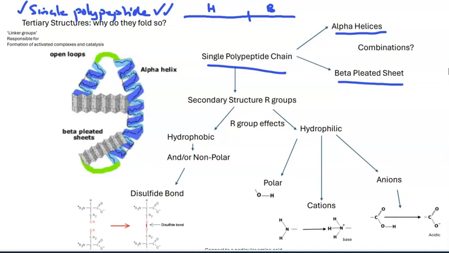To illustrate this idea, I'm showing here on the left-hand side a single polypeptide chain that has an alpha helix region here, and then this links through a few amino acids to another alpha helix. This linking region is called an open loop, or sometimes a linker group.